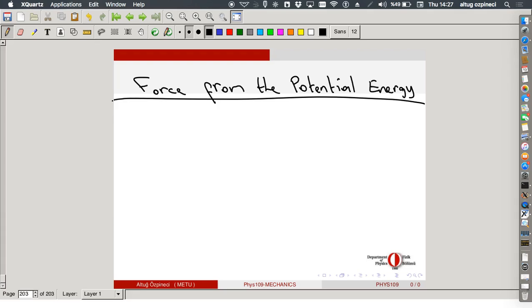Vectors carry much more important information than just numbers. For example, vectors have both number information and direction information, whereas the potential energy is just a number. It doesn't carry this direction information. Nevertheless, it turns out that the information content of a force and the potential energy are the same. We already have seen how we can derive the potential energy from the force, but we can also derive the force from the potential energy.